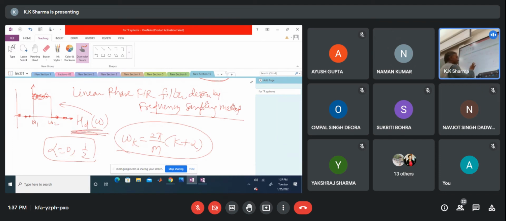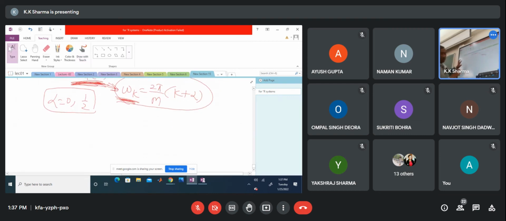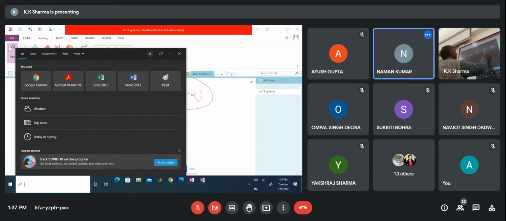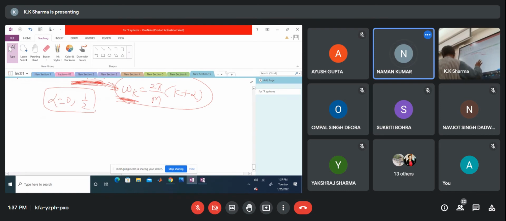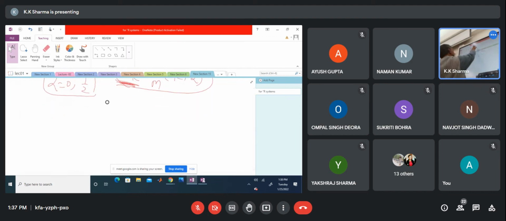So H(omega) is not given as a continuous function, but only at a set of discrete frequency samples which are given by this equation. What I am giving is that my DTFT of the given FIR filter can be expressed as the summation of h(n) e to the power minus j omega n, n equal to 0 to M minus 1.